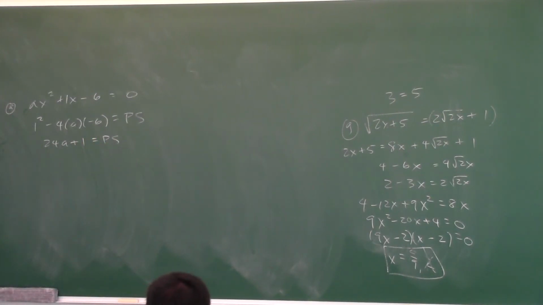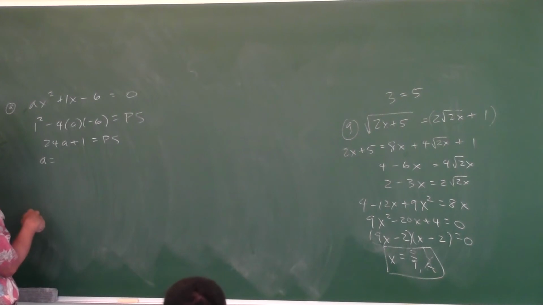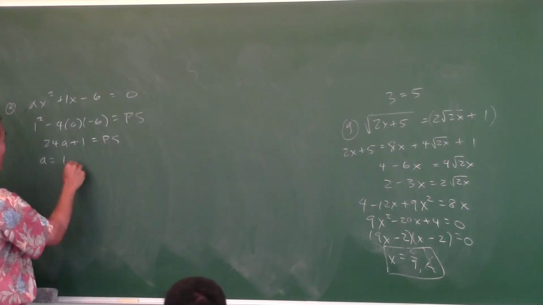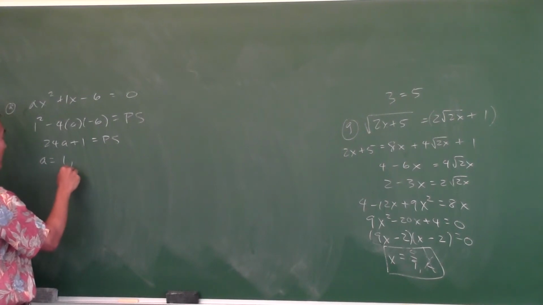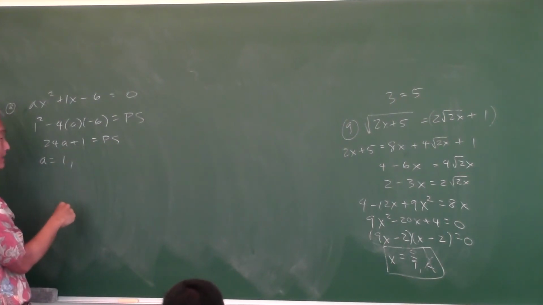Now I want to know what are the 5 smallest positive integers that work. Well, what's the smallest positive integer? 1. Rhymes with bun. 1. If I plug in 1 for a, does that come out to a perfect square? Is 25 a perfect square? Wait, let me get my calculator. 1. What about 2? 48 plus 1 is 49.